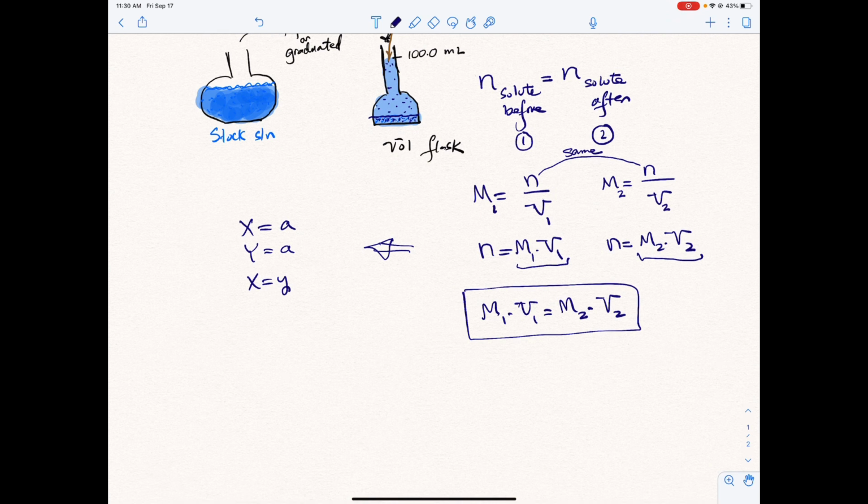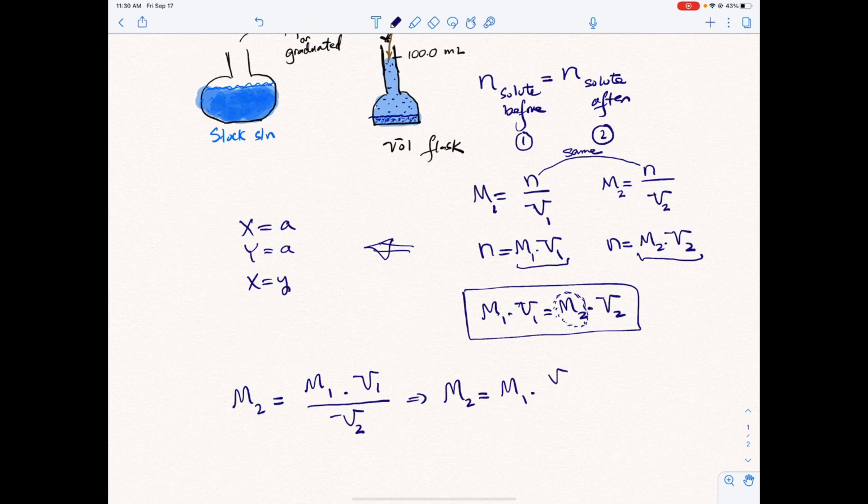And M2, being the final concentration, is what we often try to calculate. So if you solve this equation for M2, it becomes M2 is equal to M1 times V1 over V2.